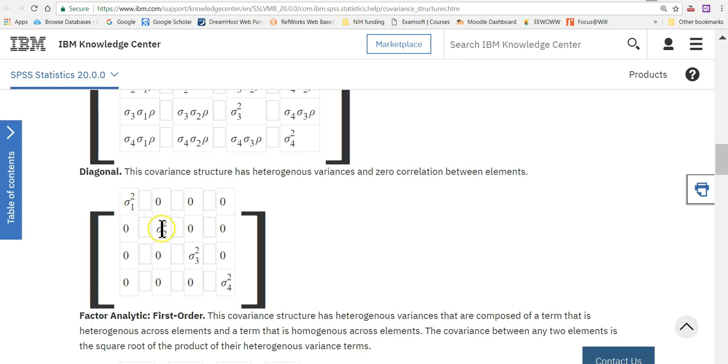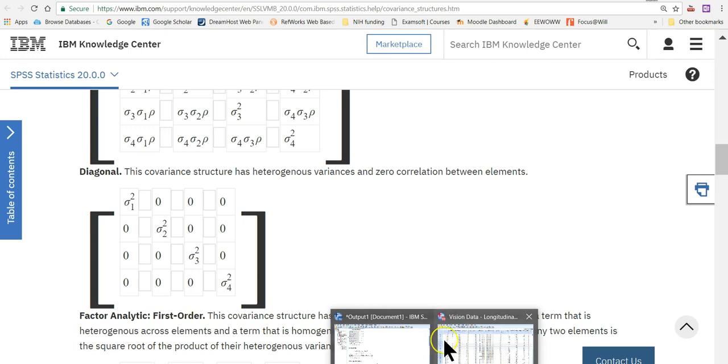So we have 1, 2, 3, 4 different variances that are going to be estimated here. And when we look at ours, there's also a 5, 6, and 7. But there's no correlations. We're still not going to estimate a correlation. We're going to say that correlation is 0. We're fixing it at 0, and we're just looking at this.